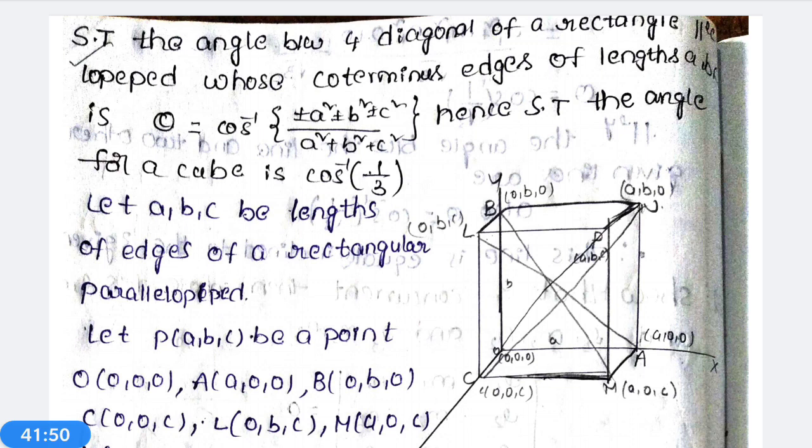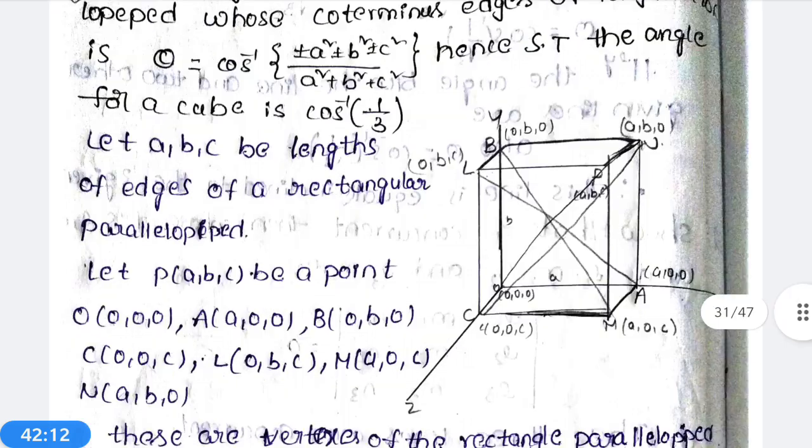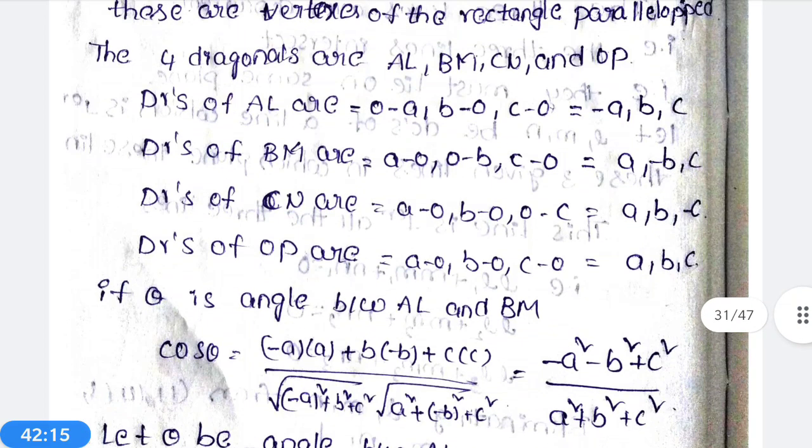The 4 diagonals are AL, BM, CN and OP. DRs of AL are 0 minus a, b minus 0, c minus 0. Therefore, DRs of AL are minus a, b, c.